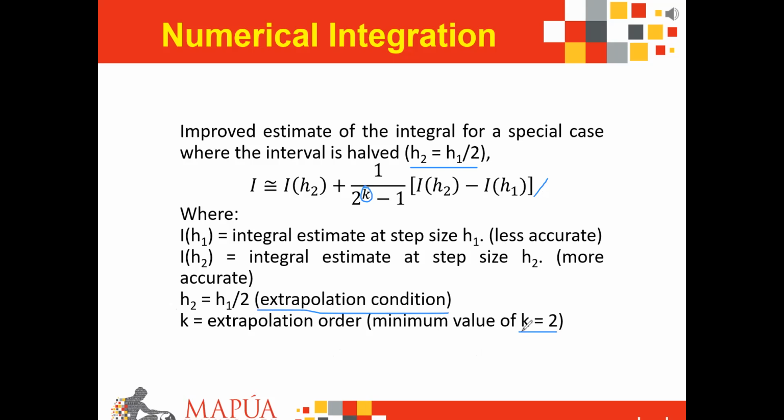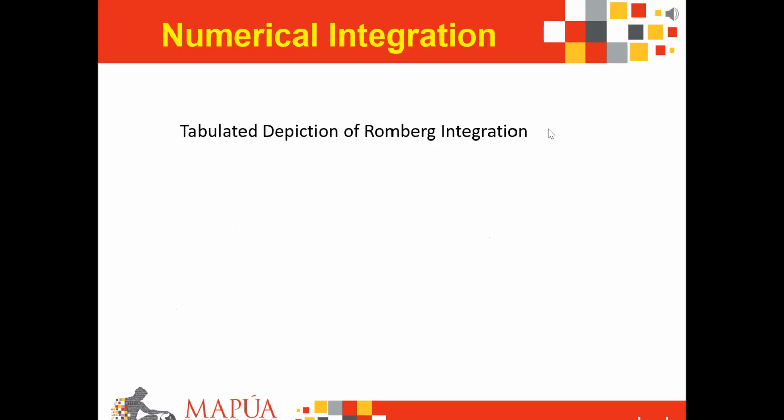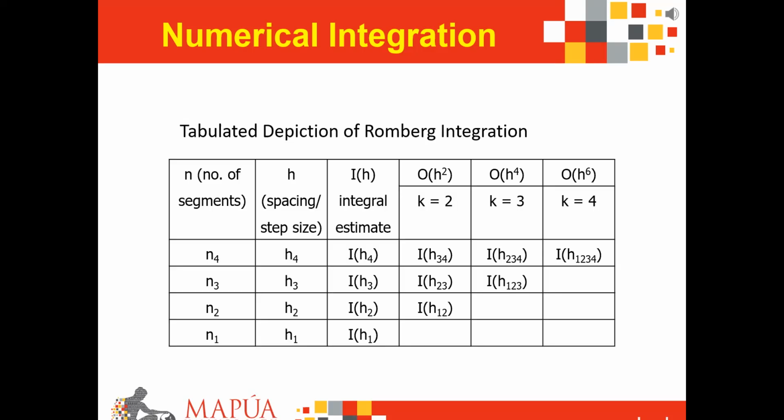This extrapolation value increases as you manipulate and extrapolate more integral values. I'll show that to you later on, how to apply that K. So accordingly, you could simplify your solution on your Romberg integration by creating what you call an extrapolation table.